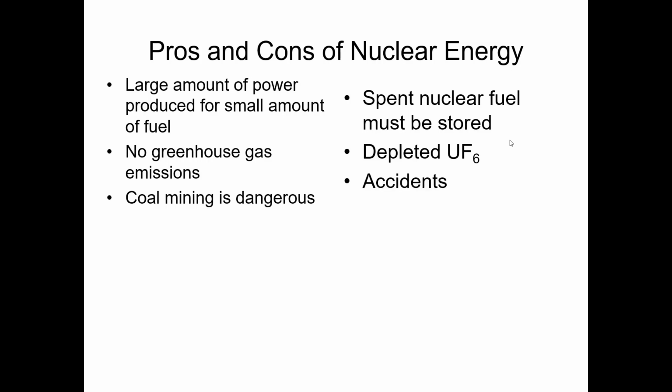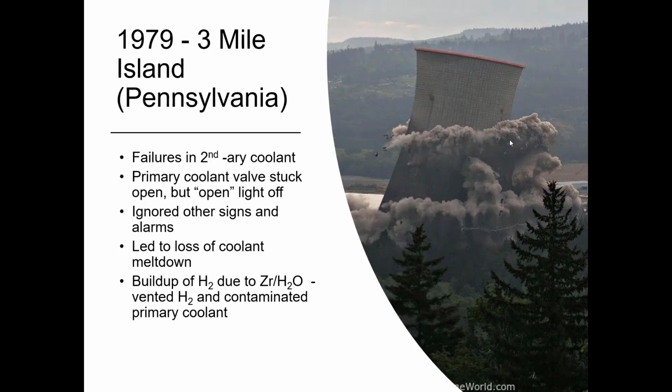And then, of course, there are power plant accidents. And so those aren't very good by any means. So let's talk about 3 accidents that happened in the last 50 years. One power plant accident that actually happened on U.S. soil occurred in 1979 at Three Mile Island in Pennsylvania.